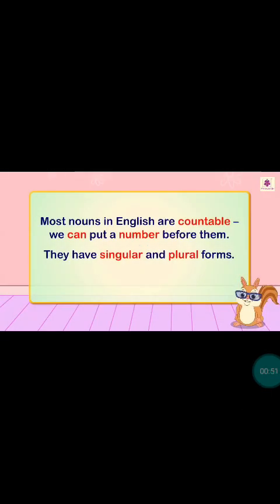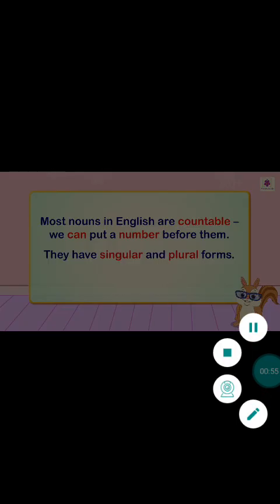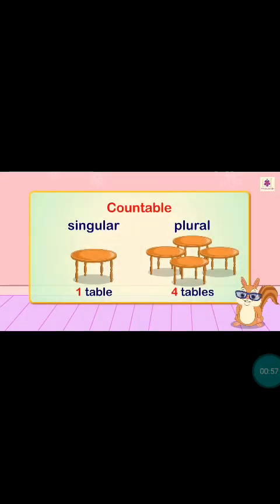So, countable nouns have singular and plural forms. For example, if we see 1 table, 4 tables. Here, 1 table is a singular countable noun, and 4 tables is a plural countable noun.